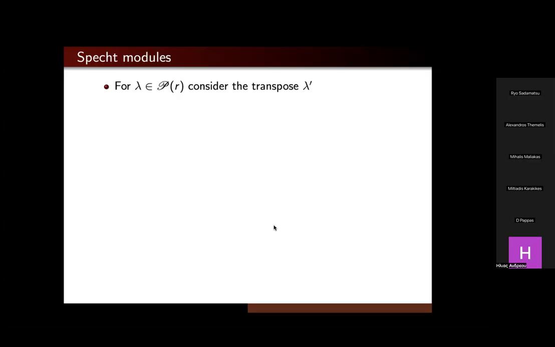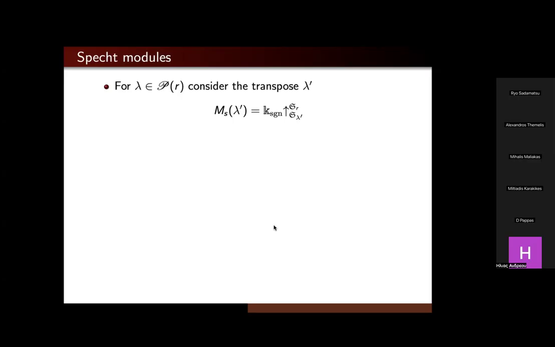Unfortunately, I have to consider again the transpose partition in order to do this construction, and I'm going to take the sign permutation model. I didn't include a lot of details about this, but I will tell you briefly what it is. I'm taking my symmetric group, and I take the partition lambda prime. I can associate to this lambda prime a parabolic subgroup, very well known as the Young subgroup.